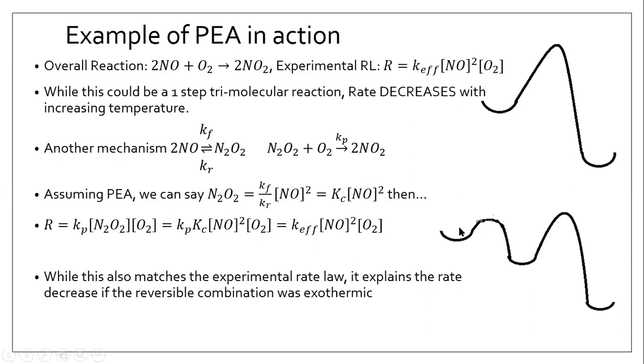So I'm going to have more energy to push it back this way, and thus it's going to slow this down. So this can be exothermic overall, but with this first step being exothermic, when you heat this up, it's going to make it harder to get over the hill. That's going to make it go backwards too much.